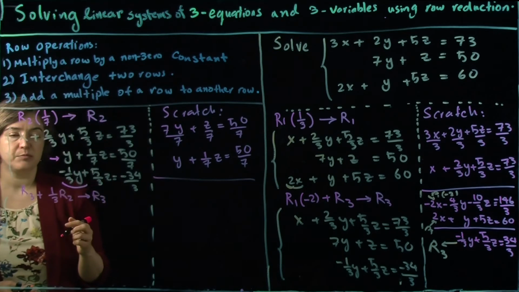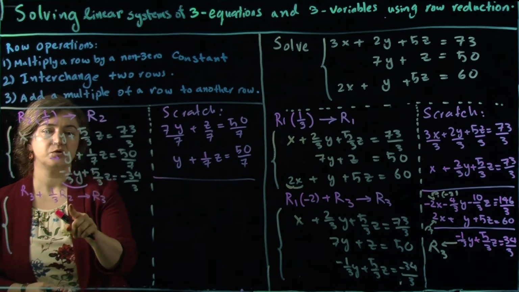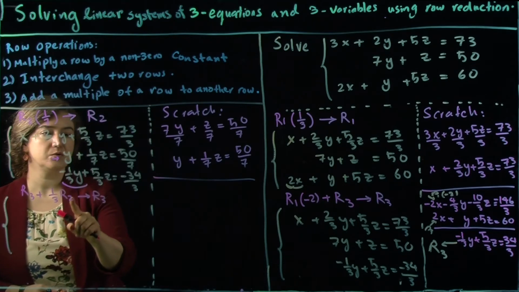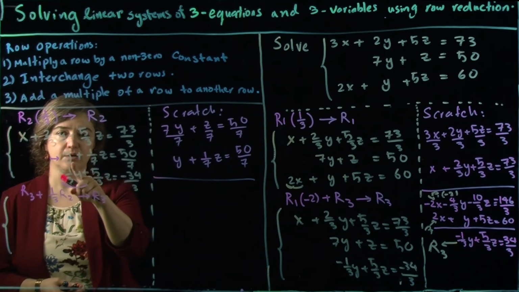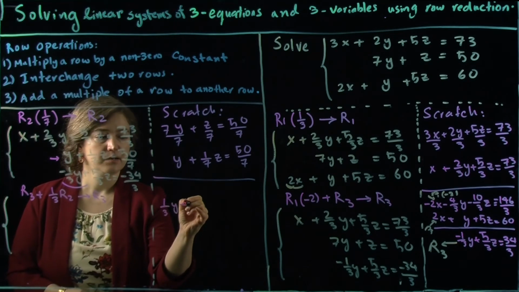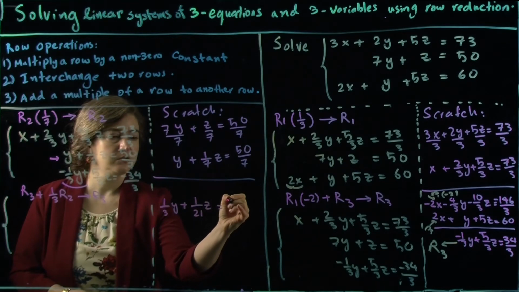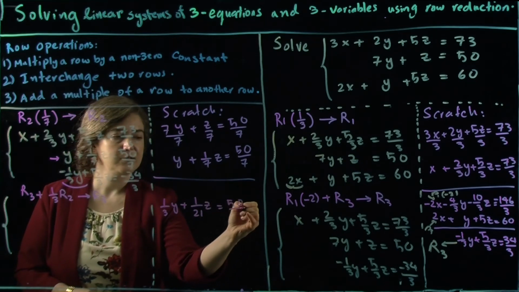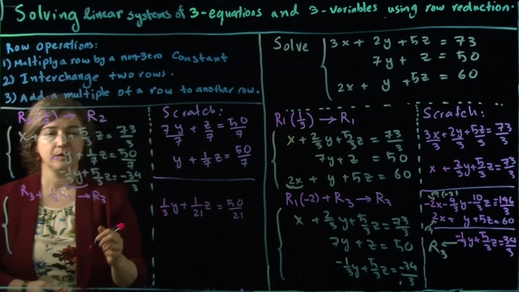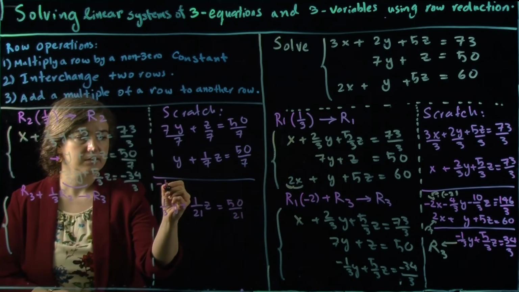Back to the scratch paper, let's write 1/3 of row 2. 1/3 of row 2 is 1/3 y plus 1/21 z equal to 50/21. Plus row 3. Row 3 is this one.